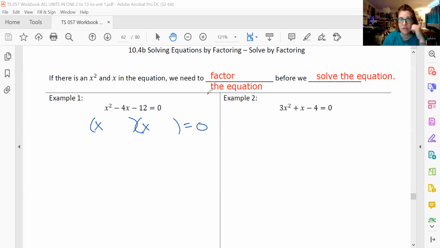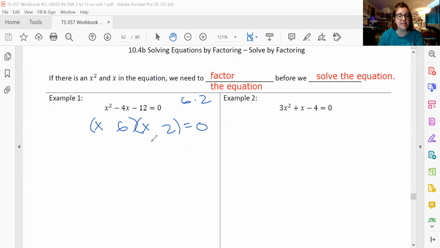And the one that sticks out to me is 6 times 2, because 6 times 2 is 12, right? But 6 minus 2 gets me to that 4. So I'm going to use 6 and 2. Now, my original equation here has 2 subtraction signs.